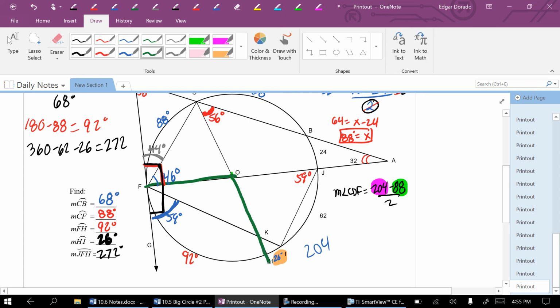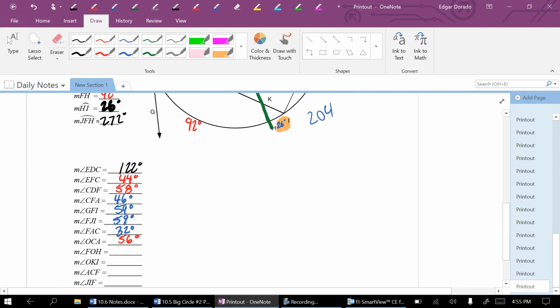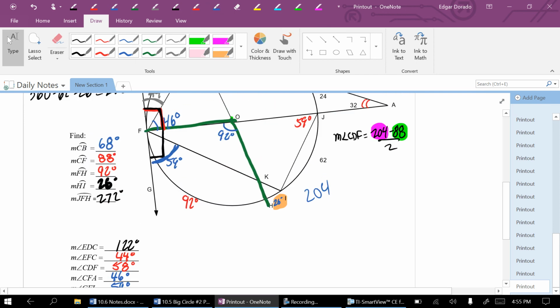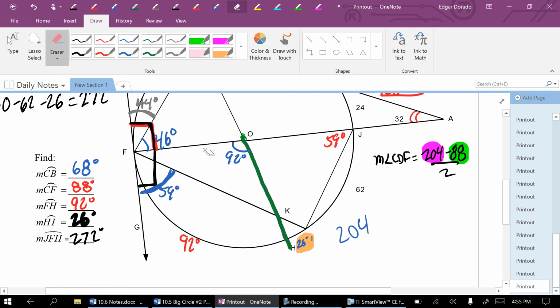That's one we haven't seen in a while, guys, but we know how to work with that too. That's the intercepted arc. But this time that angle is not an inscribed angle. This is a central angle. So that's going to be exactly the same size as the intercepted arc, so 92 degrees. A central angle is always the exact same as the measure of the intercepted arc.